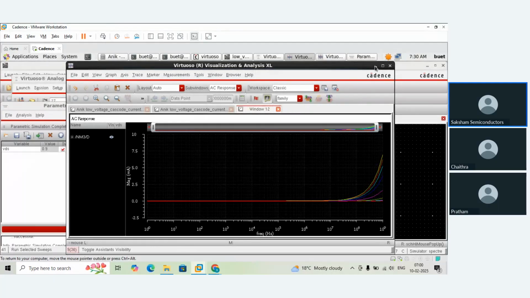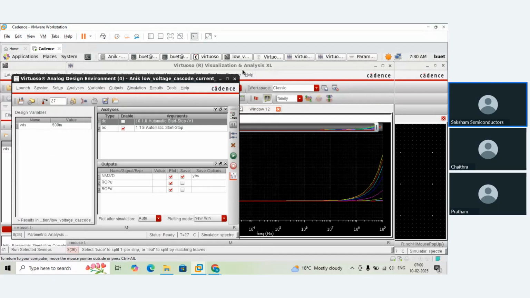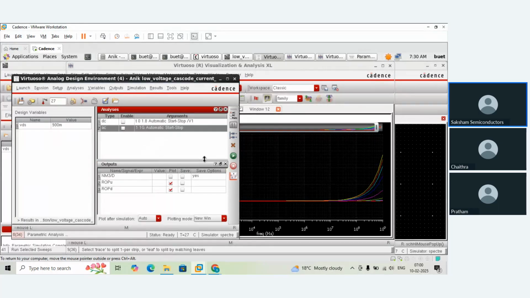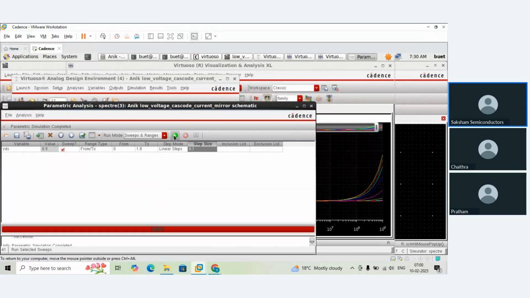Just a moment. So I think we also included this DC analysis, right? We don't need this one. Just need to have, let's try it one more time.